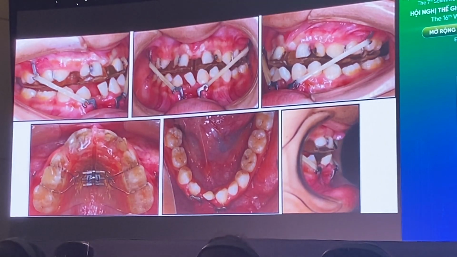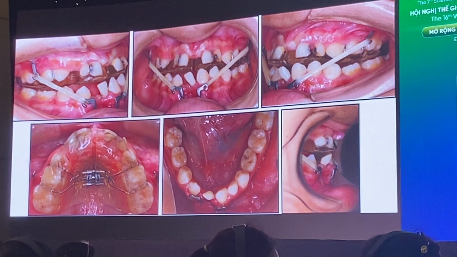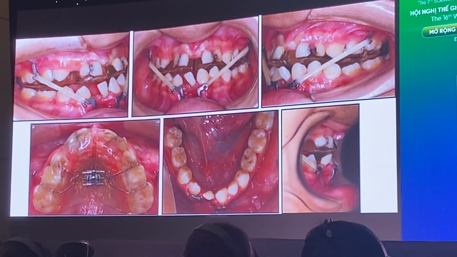It would not work, okay, if the patient only wants to wear it about 12 hours, 14 hours, because you don't have the face mask, all right? But you'll be amazed, you actually don't need 16 ounces of force, because those are called heavy intermittent force, right?